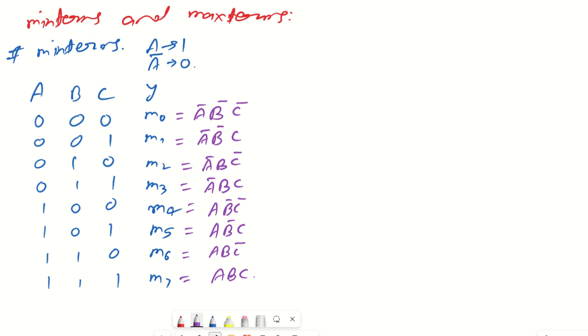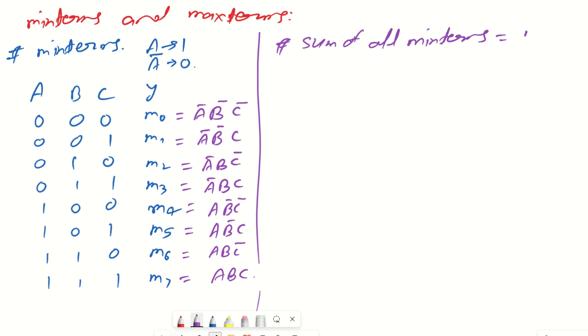Now a few properties are there for min terms. I will list out here that the sum of all min terms is equal to 1. It means if you add M0, M1, M2, M3, M4, M5, M6, M7, you will definitely get logic 1.